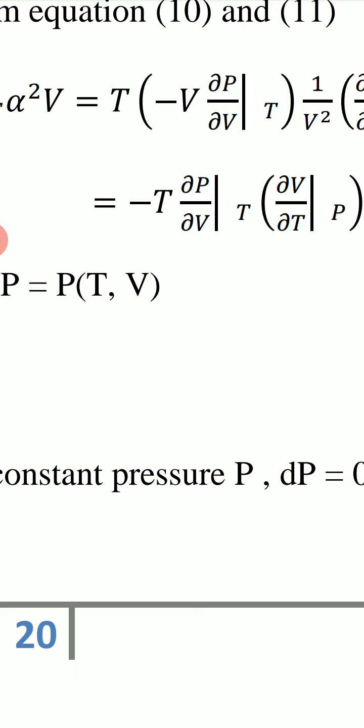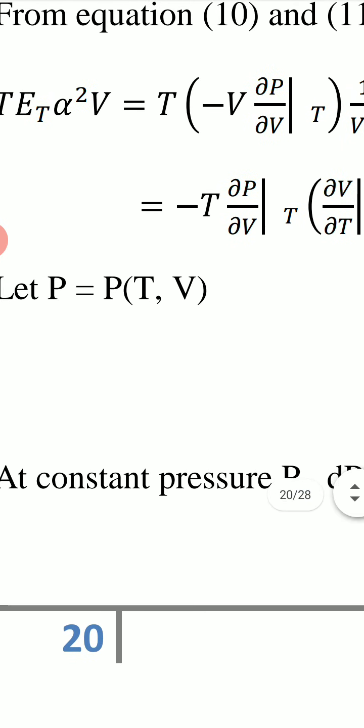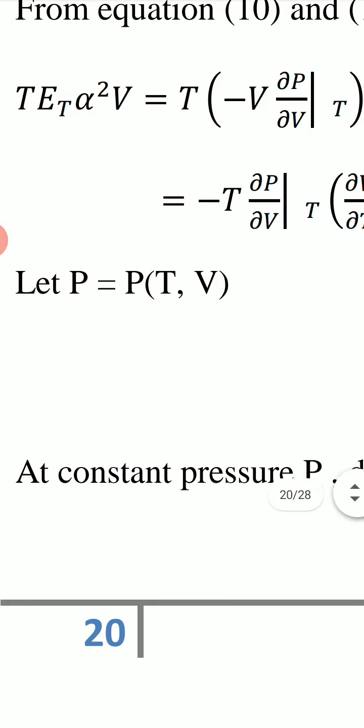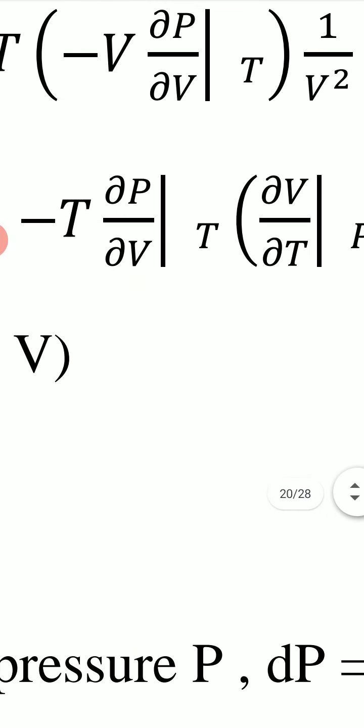We have to eliminate this differentiation, delta P upon delta V at constant T. To eliminate this term, we write P as a function of T and V.